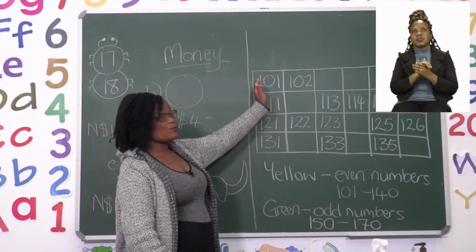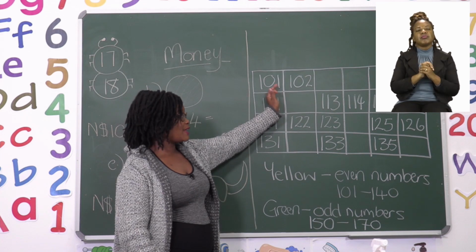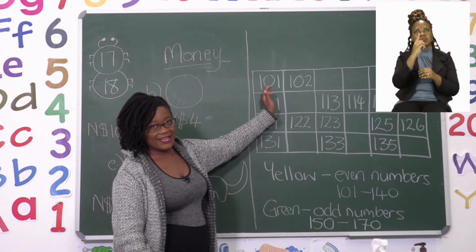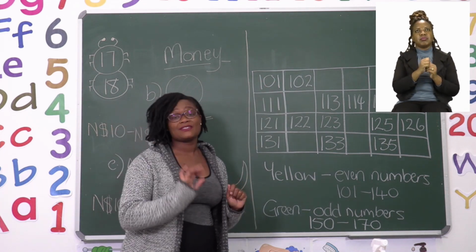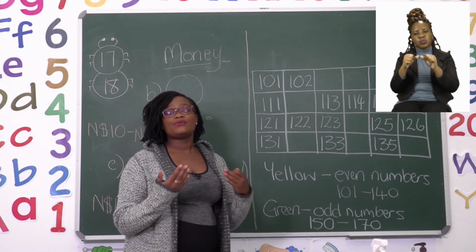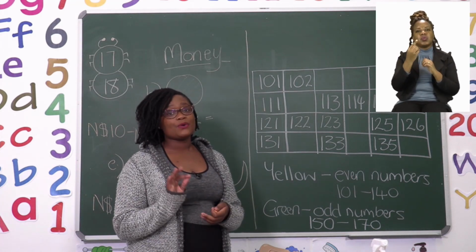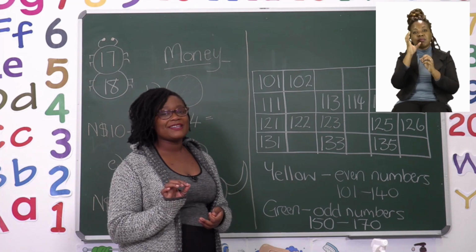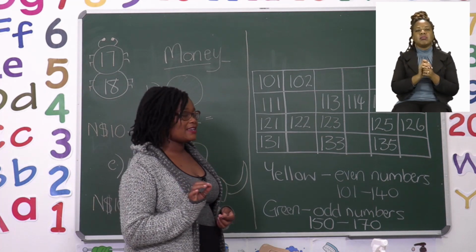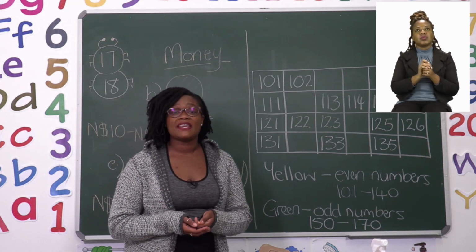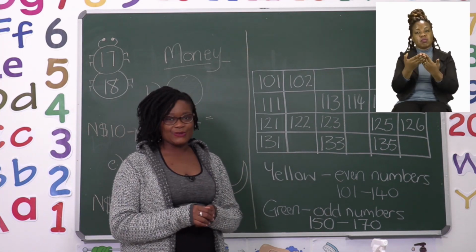We're going to start with 101. And we want to count. So as we go, we will fill in the missing numbers. So please, boys and girls, take your pencil and do it along with me. Remember, we're only doing some together and the rest is for you to do by yourselves.